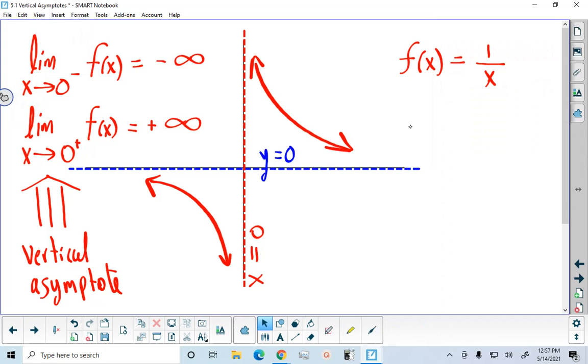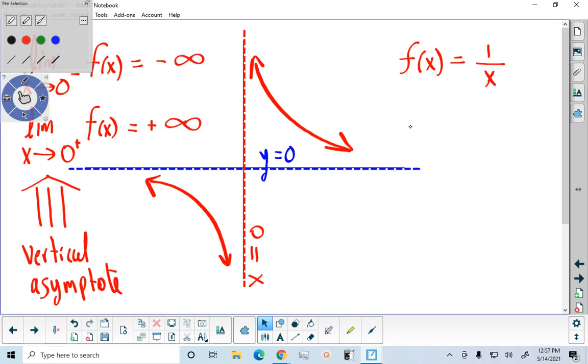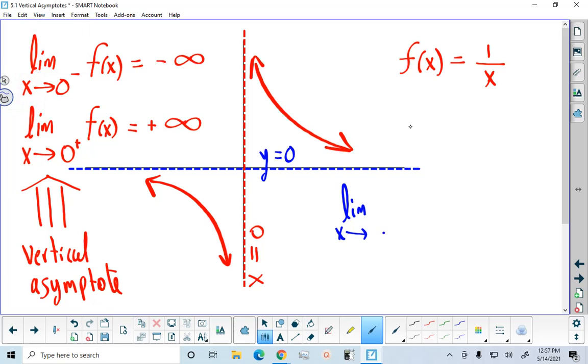That's the horizontal asymptote. And what I could say for that, and this should make sense to you, it's backwards from the vertical. I could say the limit as x approaches infinity of the function is 0.